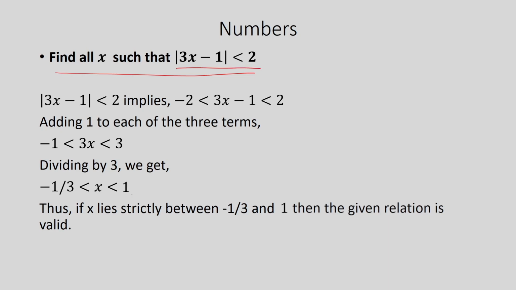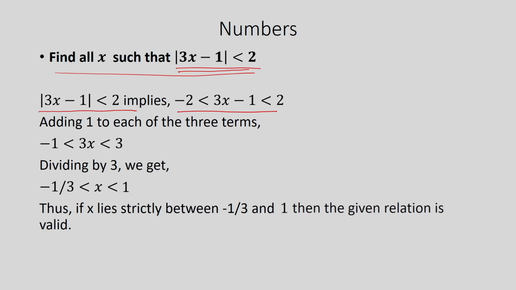We start with what this condition means in simple terms, and then we shall try to see whether we can find the solution. Now, this relation, modulus of 3x minus 1 strictly less than 2, implies this. This is the critical stage of this problem.